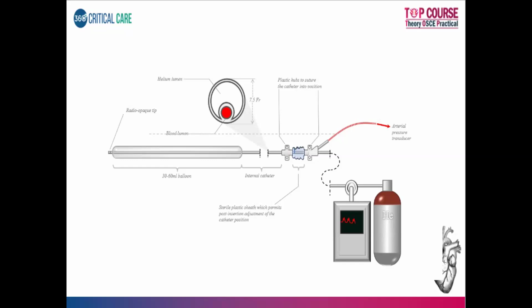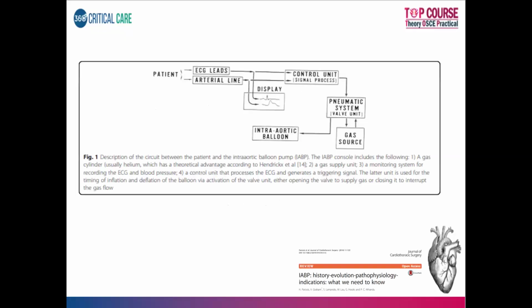Okay, and this is again connected to the arterial pressure transducer and ECG leads along with the console, that is the pneumatic console that consists of helium. Okay, so this is the basic pictorial depiction. What you usually have is the ECG lead and the arterial line from the patient end, which is usually connected to a display monitor.